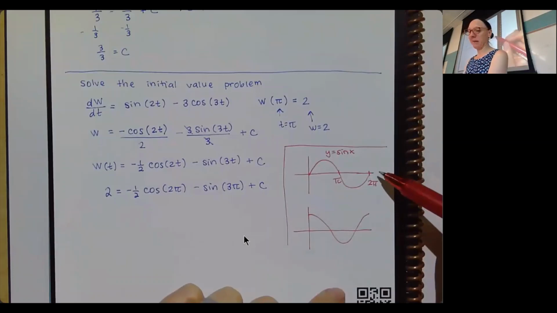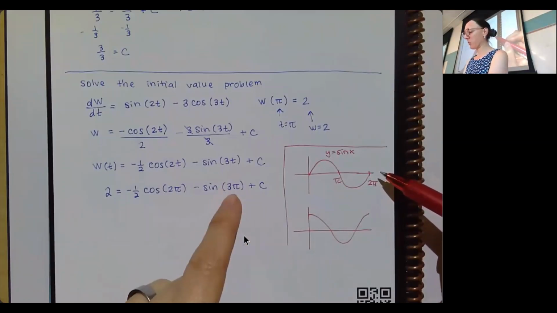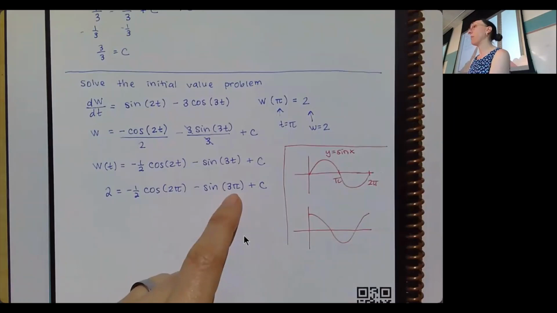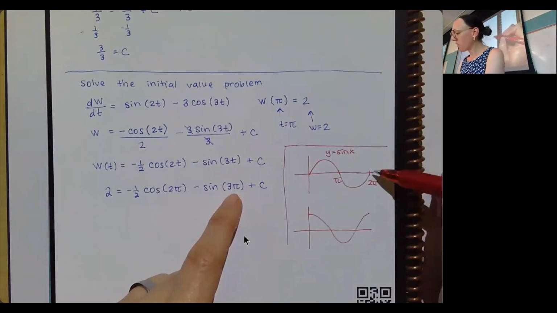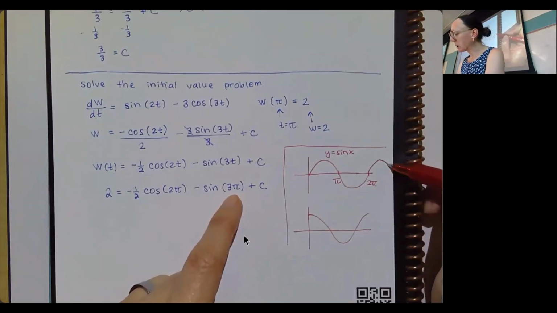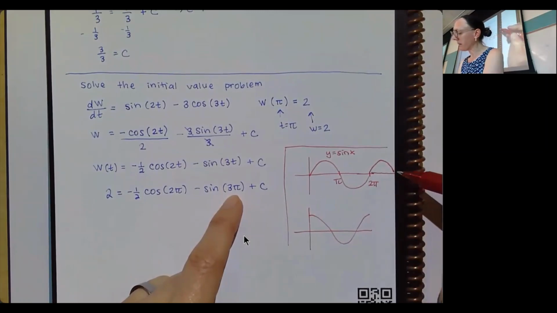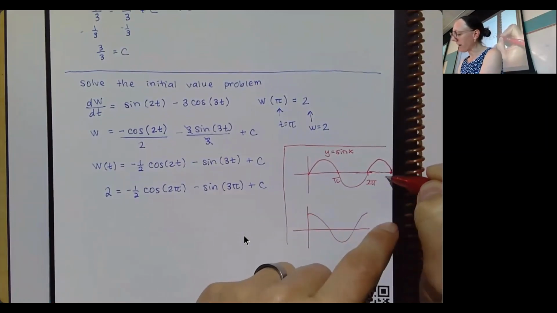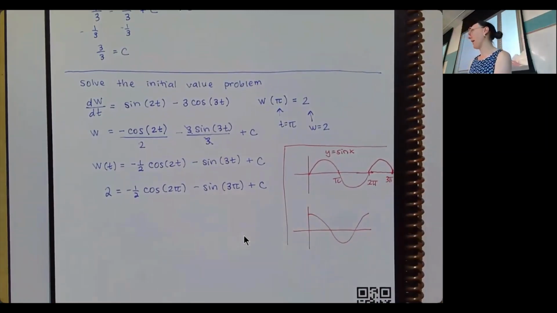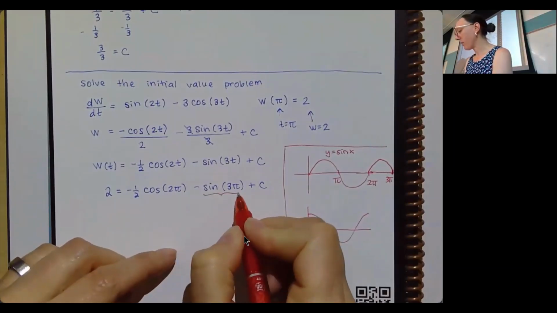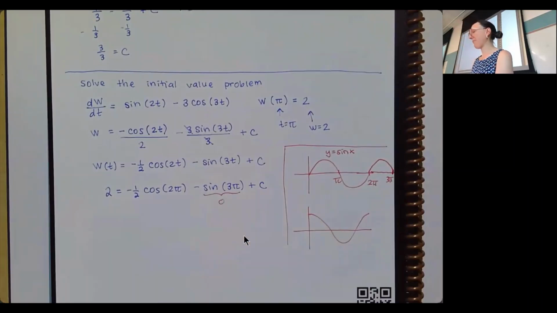I didn't leave myself enough room on the paper because I just realized we need to know what sine of 3 pi is. So if I kept going, I'll just squeeze it in a little bit there. This is going to be back to a value of 0 at 3 pi. So sine of 3 pi is equal to 0.